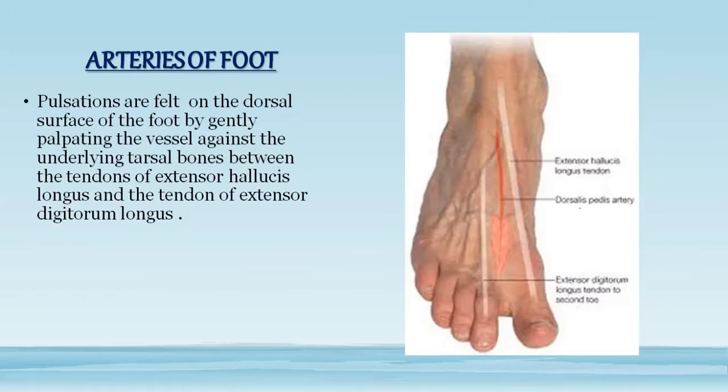The pulsations of the dorsalis pedis artery are felt on the dorsal aspect of the foot by gently palpating the vessel against the underlying tarsal bones, between the tendon of extensor hallucis longus and the tendon of extensor digitorum longus.